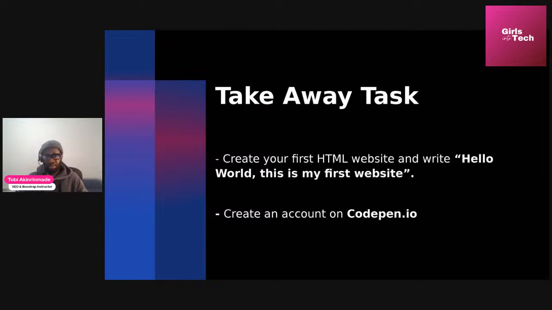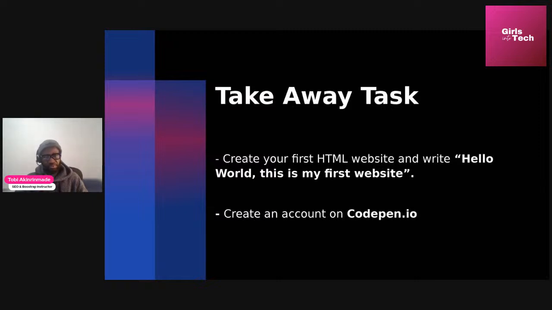Or better still, write the code again from scratch, the code that you wrote in codepen, in your Visual Studio Code, right? And then I want you to save it in your Visual Studio Code. So when you write it again, just Control S, or just go to File and then click on Save.